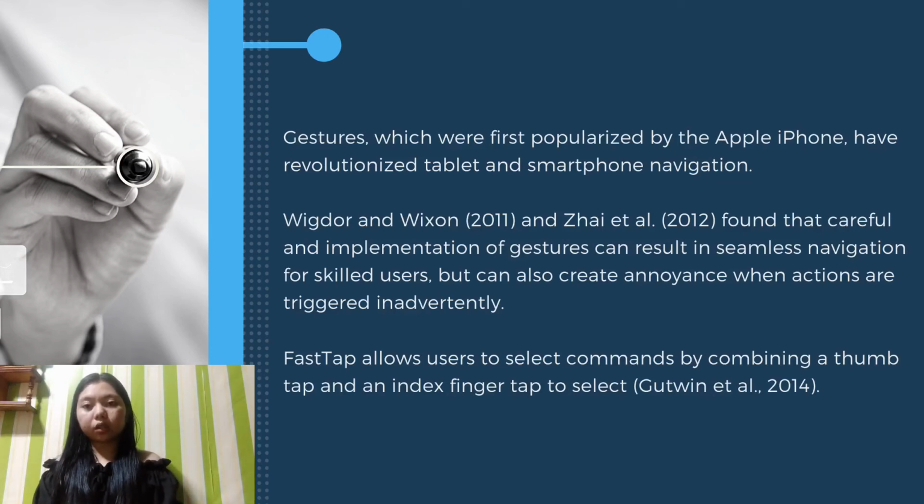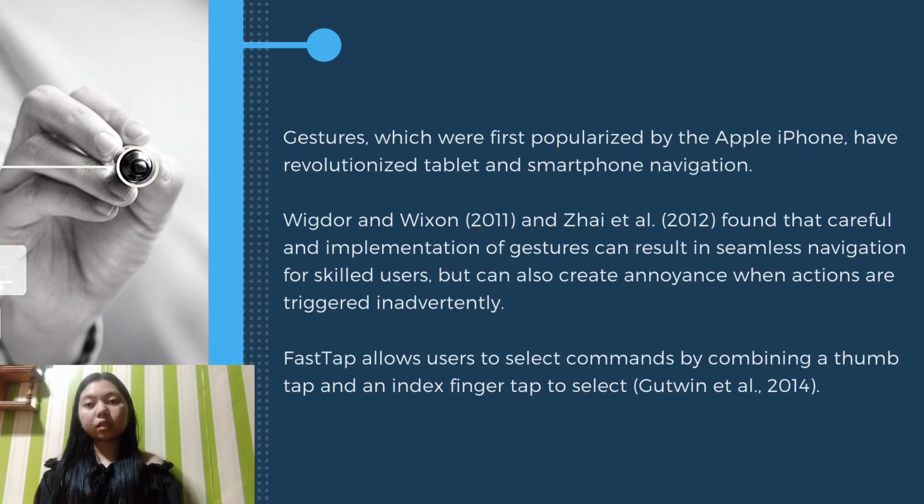Wigdor and Wixon 2011 and Zhai et al. 2012 found that careful implementation of gestures can result in seamless navigation for skilled users, but can also create annoyance when actions are triggered inadvertently.